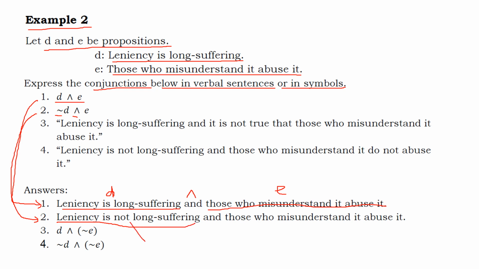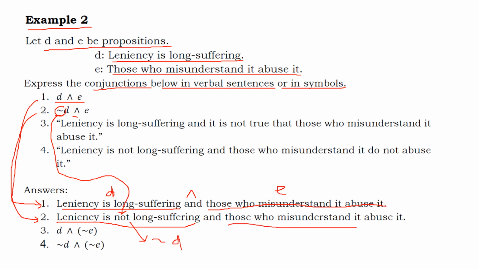So we use "not" here for us to represent the negation. That's why there is a symbol here as negation that will represent your "not". So leniency is not long suffering. So this will be your negation D.